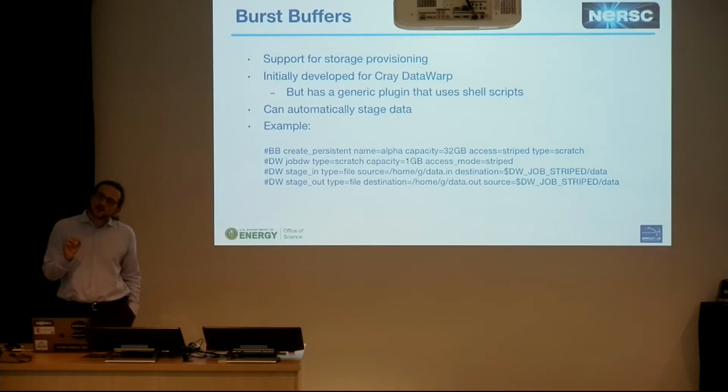There is a very interesting thing here that the Slurm commands are called BB and the create commands are called DataWarp, like DW, which personally makes me incredibly nervous, but that's just the way it is. So BB create persistent creates a persistent DataWarp reservation that lives long, like over the lifetime of a job. And the second line is a job-based DataWarp that gets destroyed after the job finishes running.